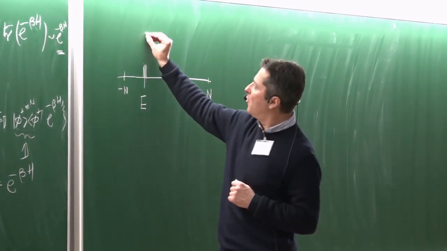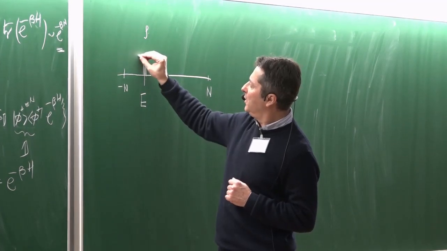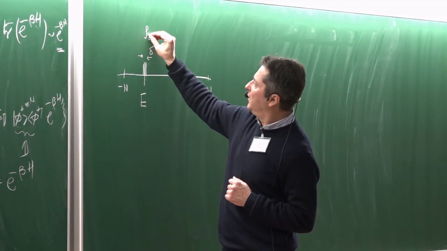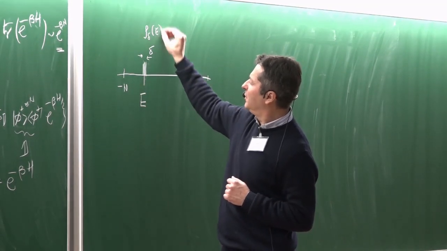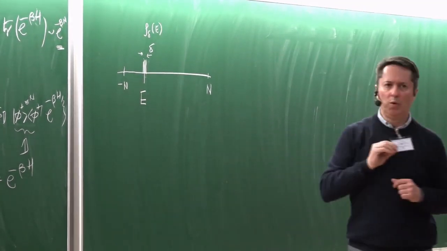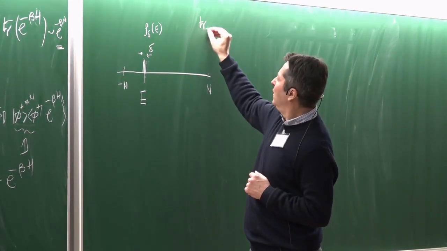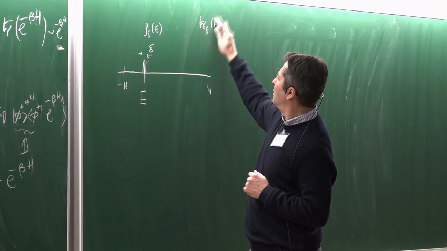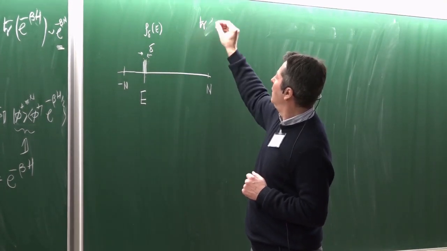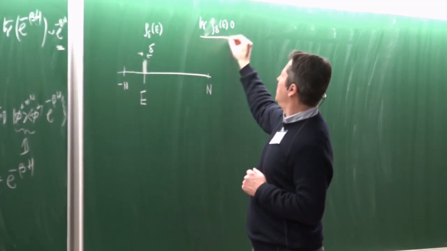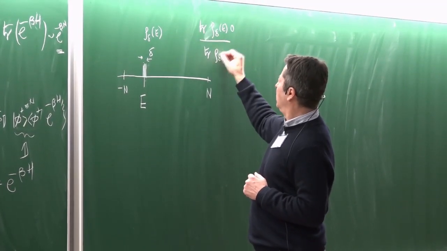So I will take now some rho, this will be delta, so this rho of delta that depends on E. And so what I want to do is to show how I can compute the trace of rho of delta of E times this observable, maybe divided by the trace of rho of delta of E.